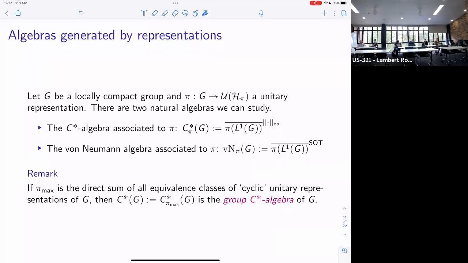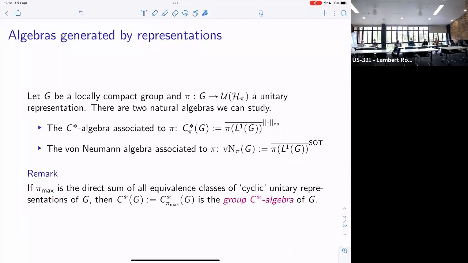And a particular example of such algebras that's important to the study of the representation theory of locally compact groups is the group C-star algebra. So if we define a representation pi max to be the direct sum of all what we call cyclic unitary representations of a group G, don't worry if you don't know what cyclic representations are, then in some sense this representation contains all representations of that group.